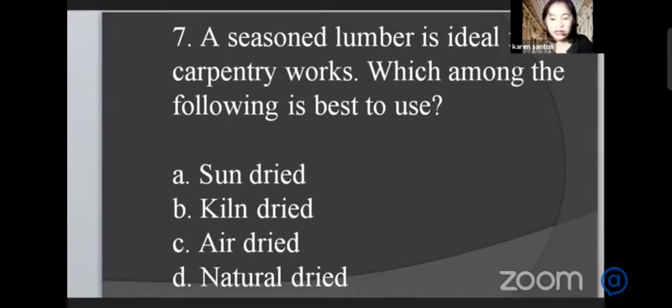So with kiln, you can control the environment such as the temperature, humidity, and steam level para dun sa process to set a period of time. Okay, so always remember we have two methods in drying the lumber. So we have the natural drying and also the artificial drying.